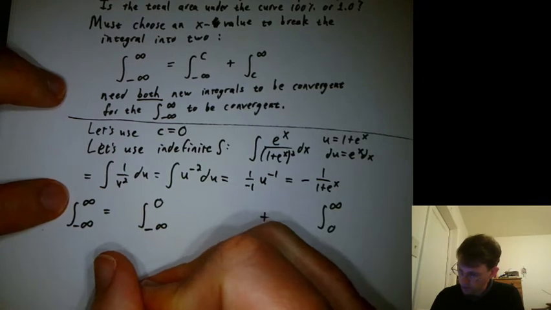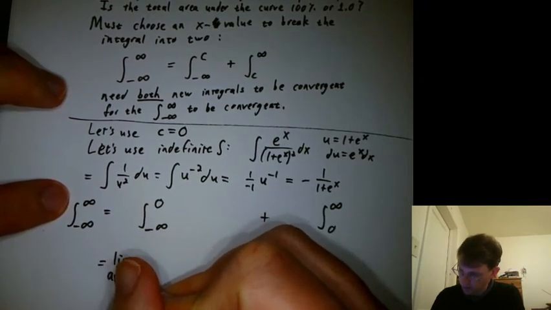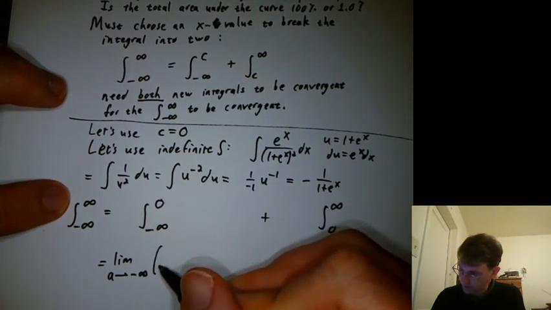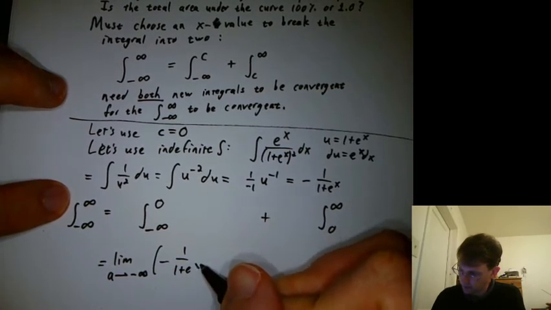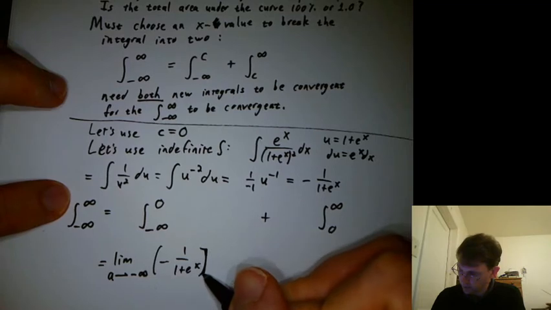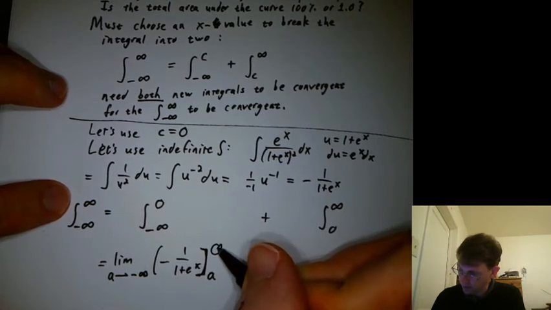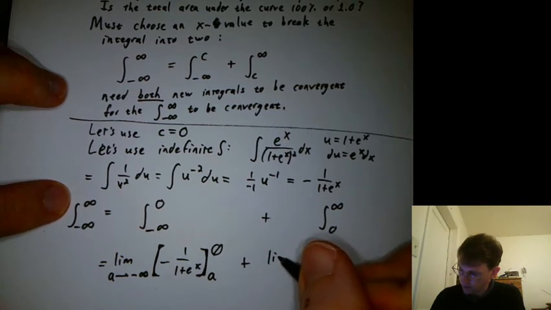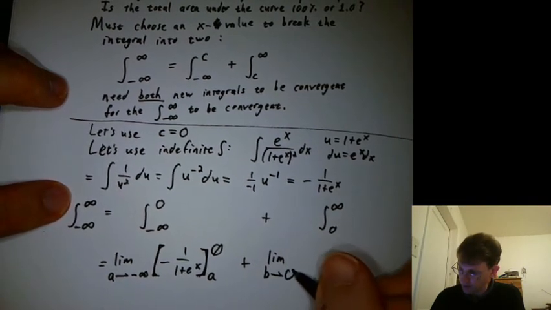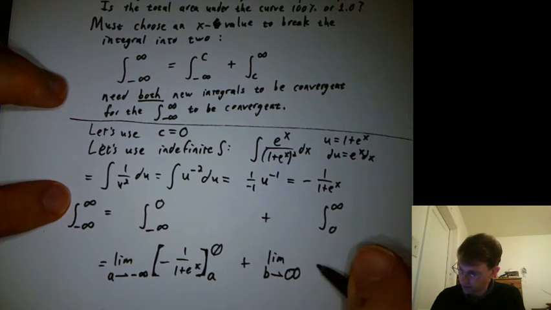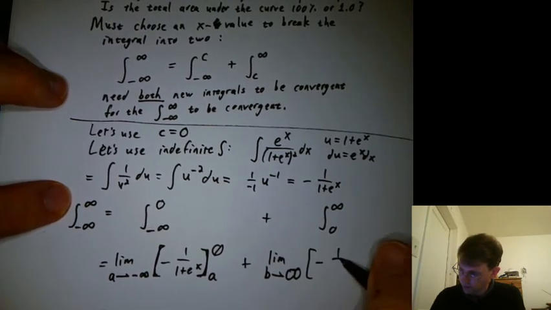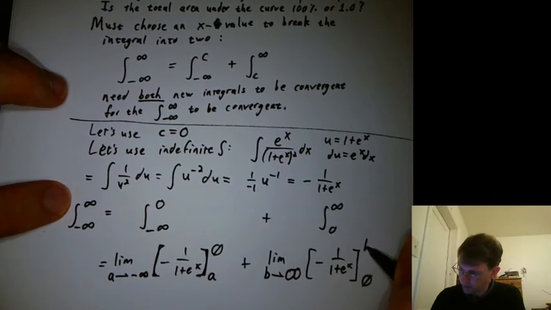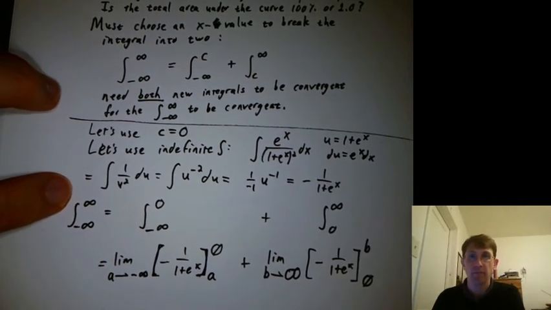So that will be the limit as a goes to minus infinity of this thing, from a to 0, plus the limit as b goes to infinity of minus 1 over 1 plus e to the x from 0 up to b.